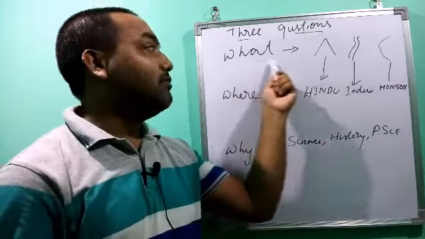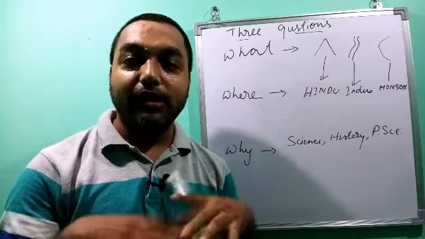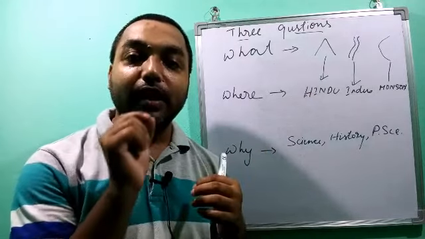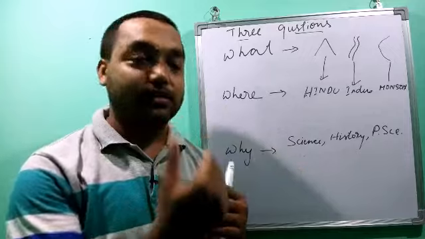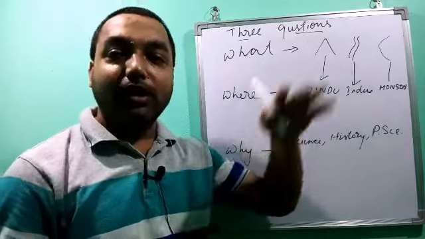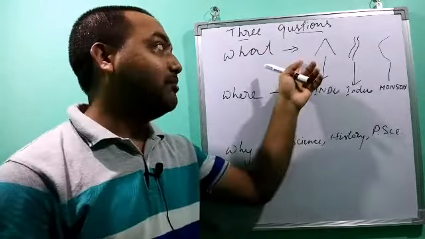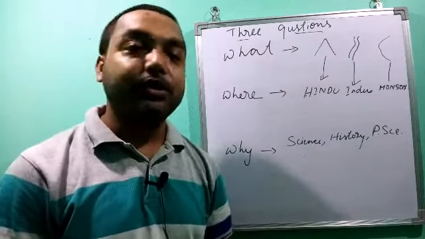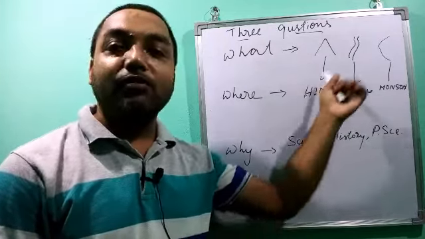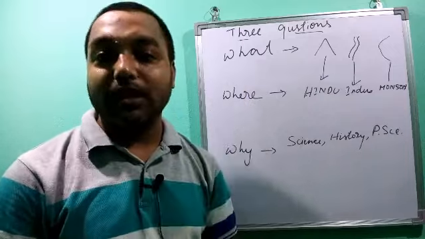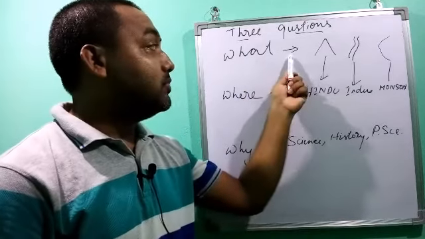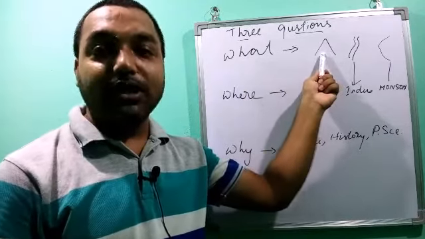The first question asked was: what? Wherever they found a thing, they asked, what is this? For example, they found a very big structure and named it a mountain, Hindu Kush or something like that.